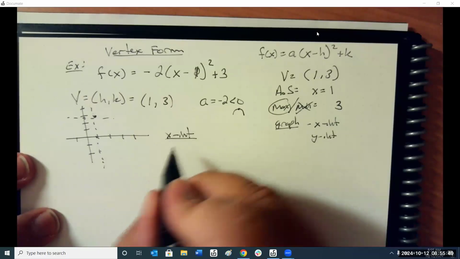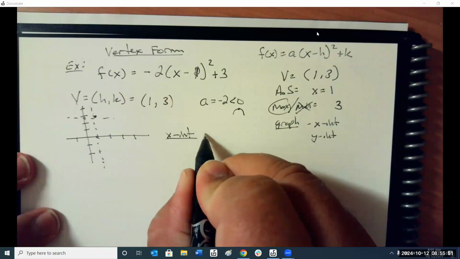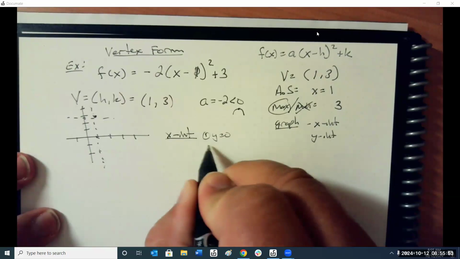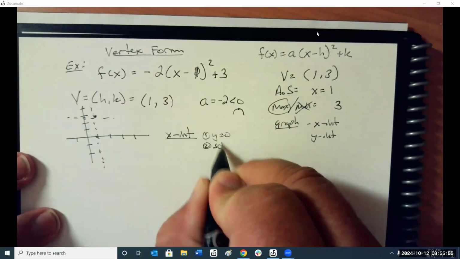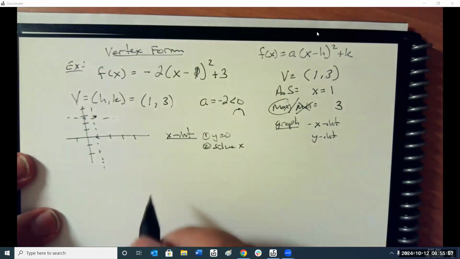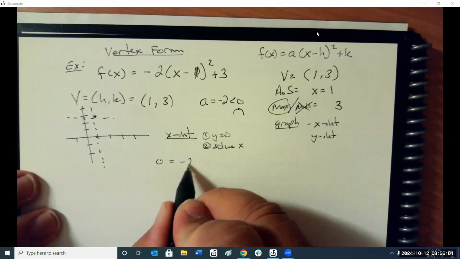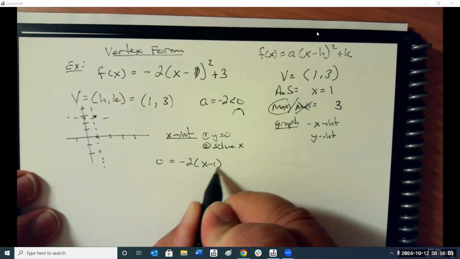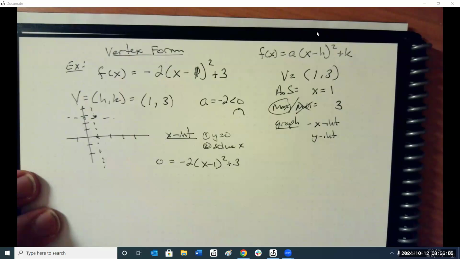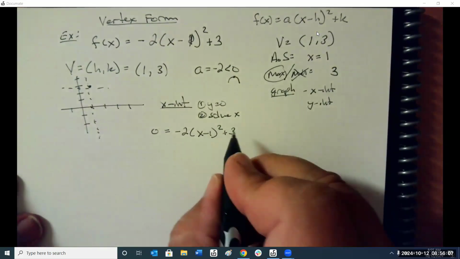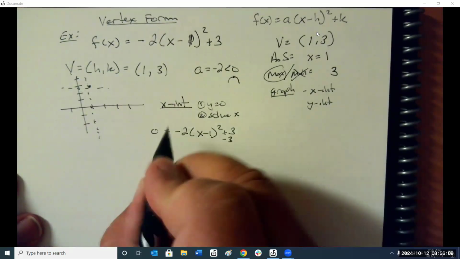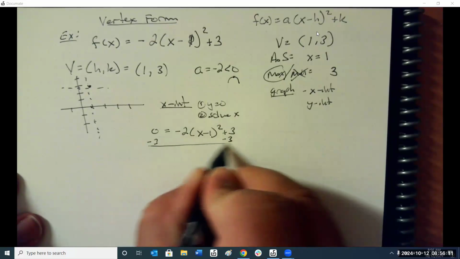The way you find the x-intercept, remember, set y equal to 0 and solve for x. So we set the equation equal to 0 and solve for x. Subtract 3 first from both sides.